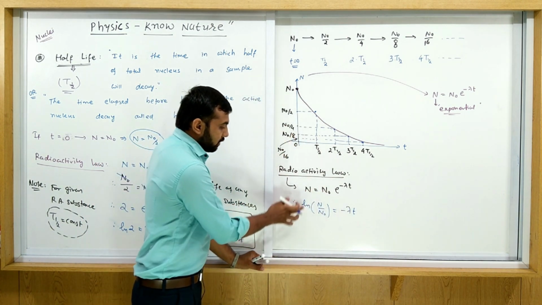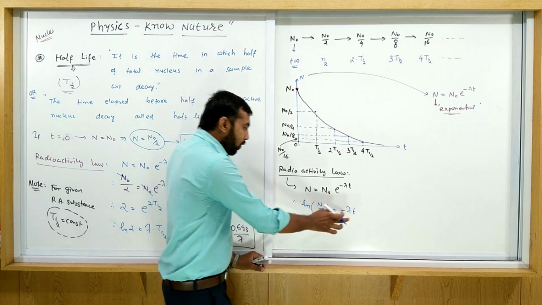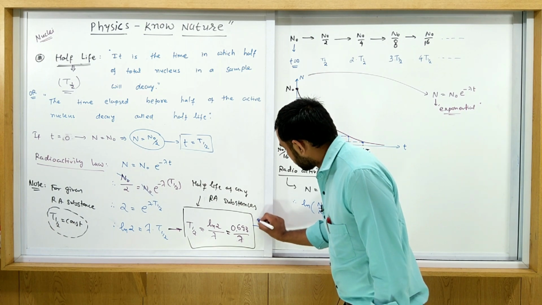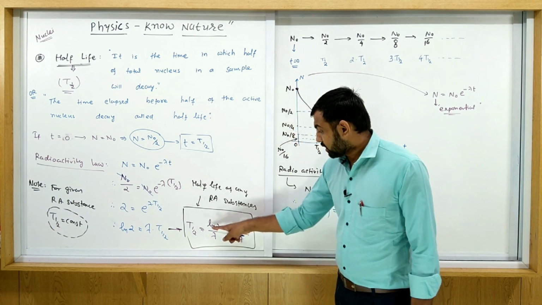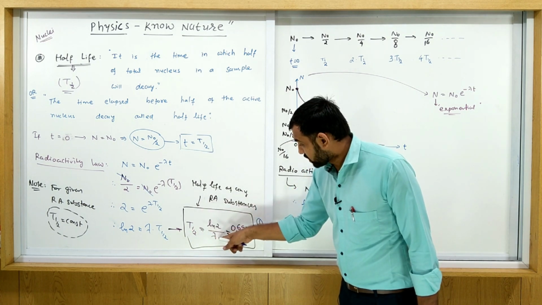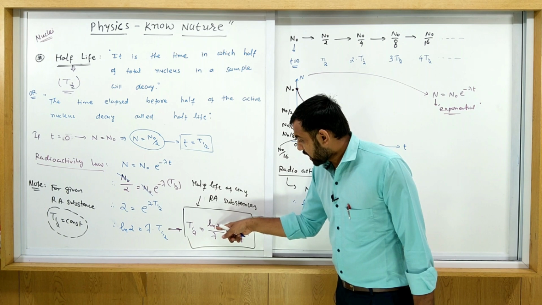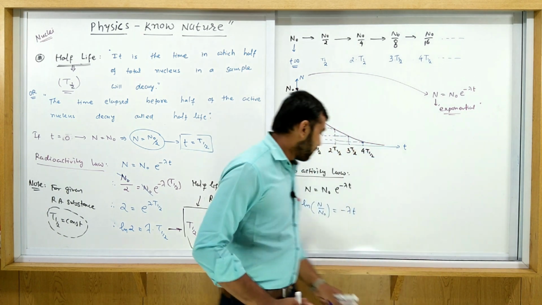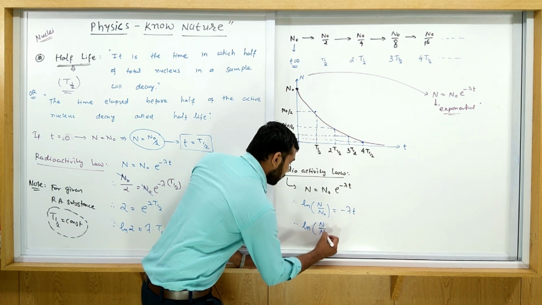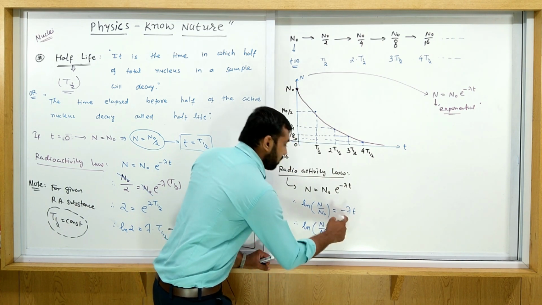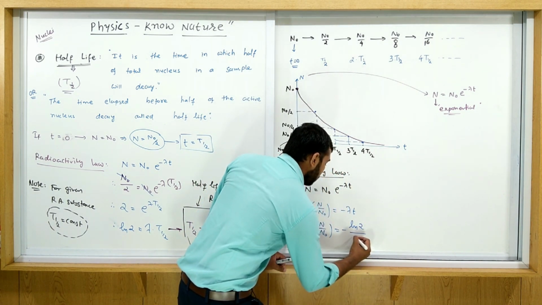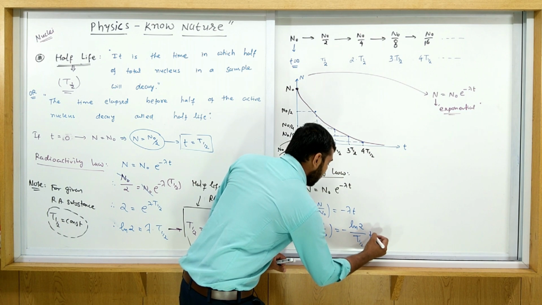Now, what is lambda in this equation? Use equation number 1: lambda is equal to ln2 upon t1/2. So the equation becomes ln N upon N0 is equal to minus ln2 upon t1/2 into t.